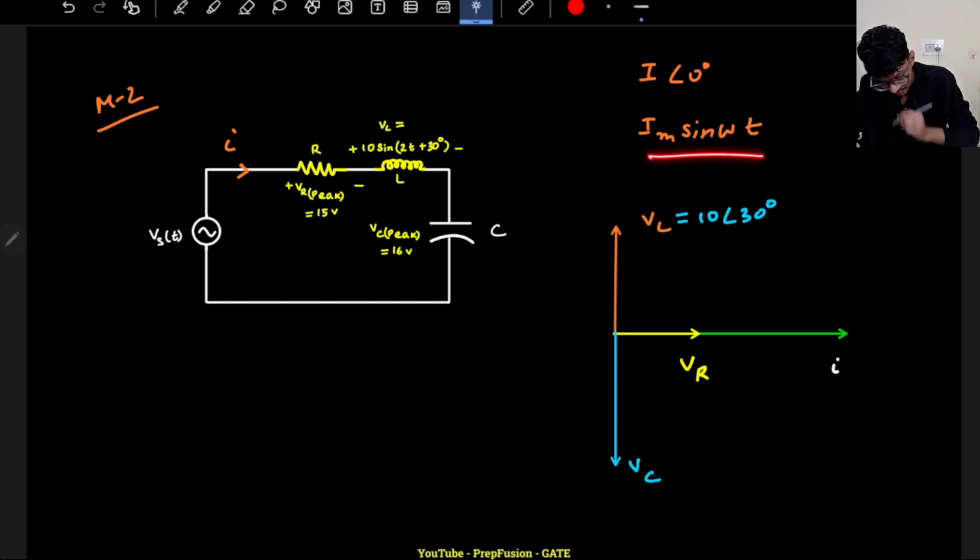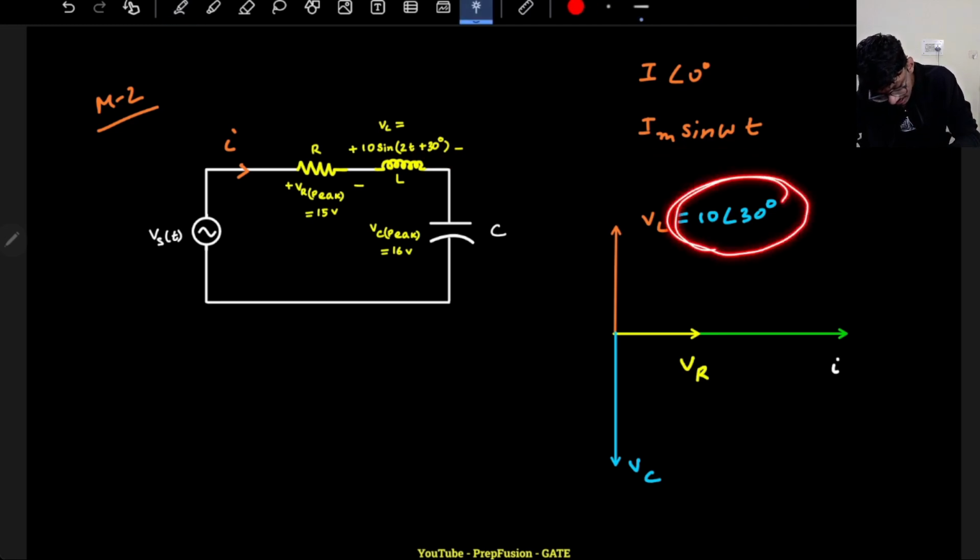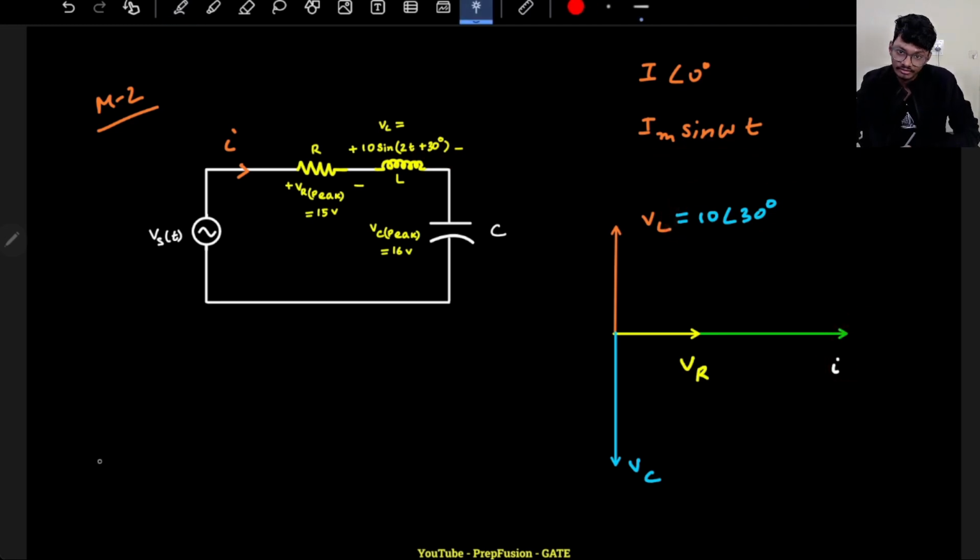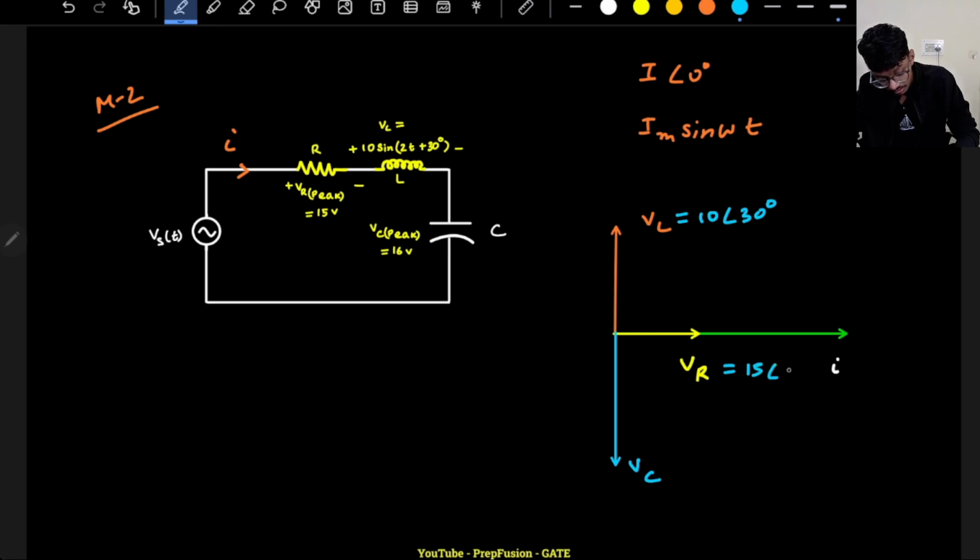If my sin omega t is reference, and this is 10 angle 30, then what will be the angle of VR? Magnitude is 15, and I have to subtract 90, because from here I have to move in the clockwise direction. So it will be 15 angle minus 60.